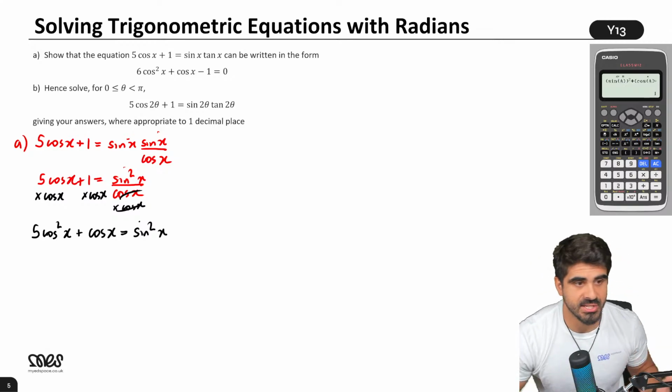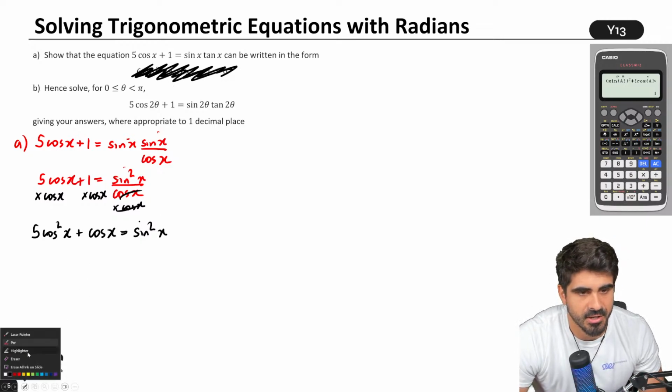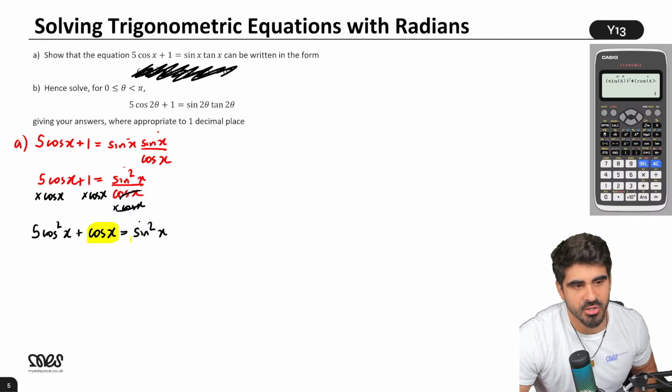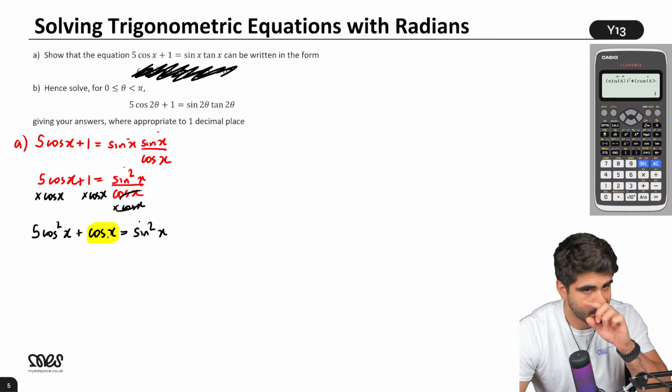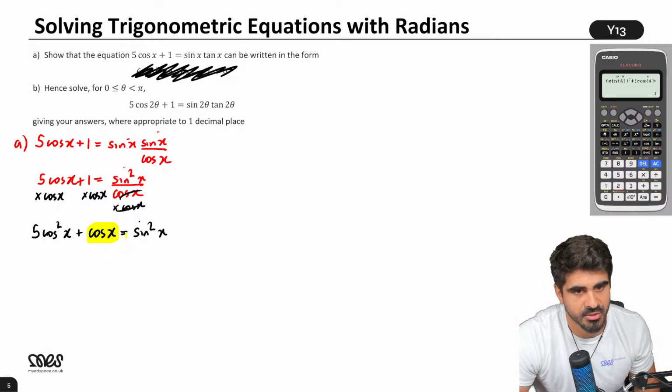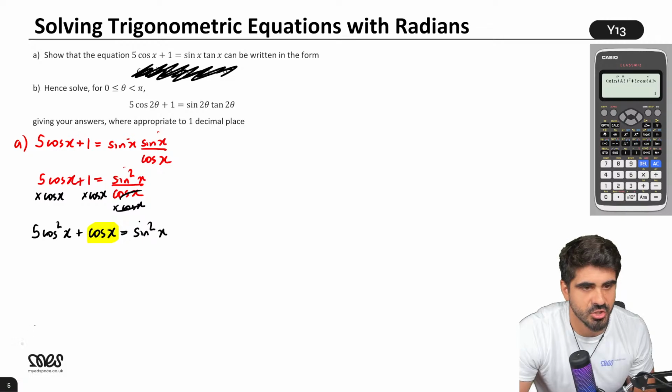Now, the way you decide, even if I didn't give this to you guys, you would know to do that. Because this cos x is linear. It's singular. There's no squared there. Meaning you can't manipulate the cos. That is fixed. So it's the sine squared that needs to change.